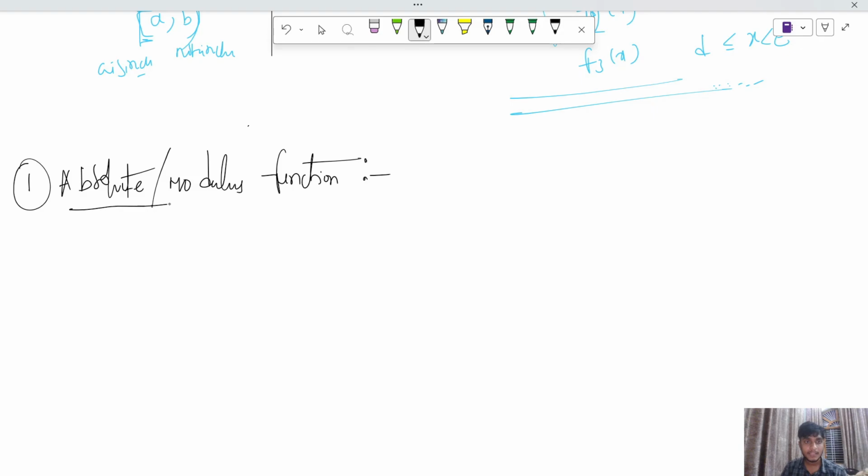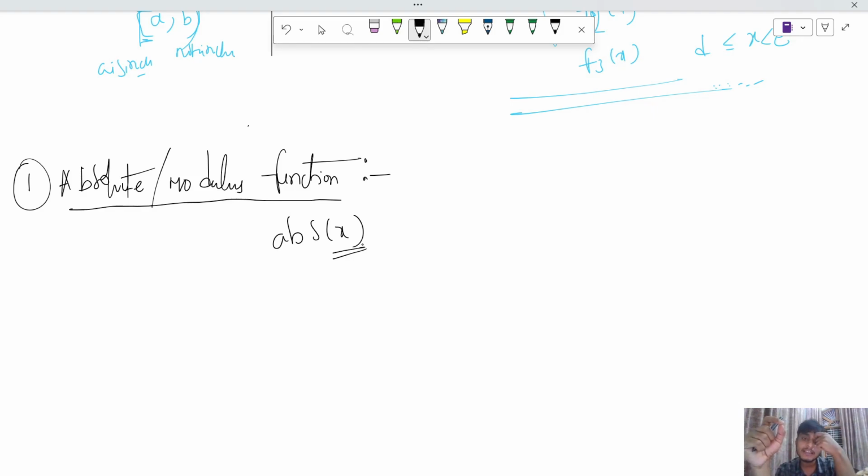If I see textbooks, they start with the absolute function as mod x, simply saying absolute function of directly x, and I'm not sure why they do that. Maybe because it makes things easier. But my suggestion is, if you want to prepare for JEE Mains, do not even think about it, because x is directly a straight line. You expect only a straight line. Instead, take a generalized tough function, and there we'll observe, fight with it, and understand easily.